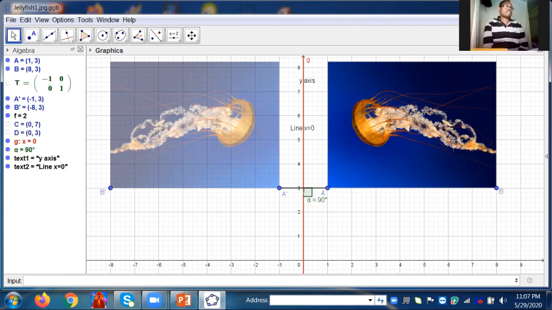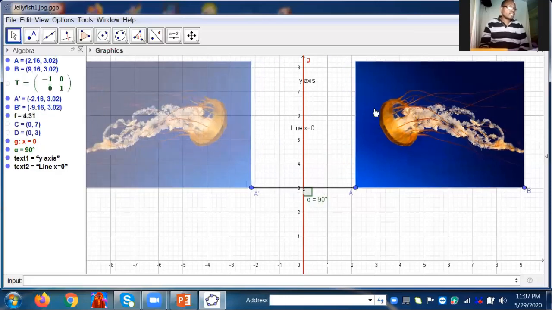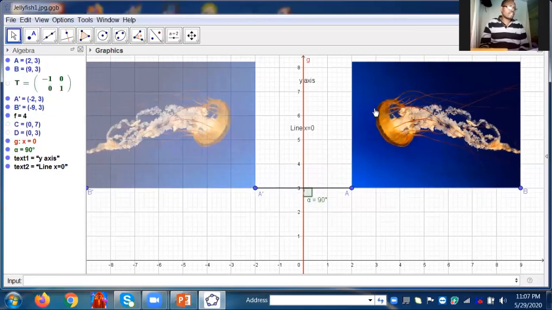I have applied that matrix on this jellyfish and I can move it for you to see the property of reflection. When I move the jellyfish further, the image also moves further, and the distance between the jellyfish and the mirror line is the same as the distance from the mirror line to the image.